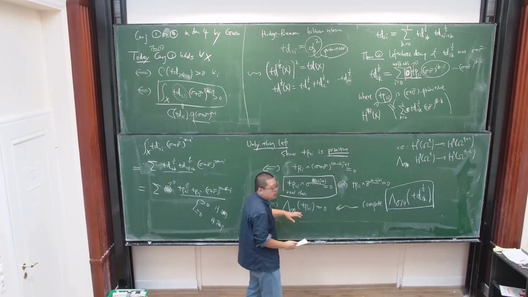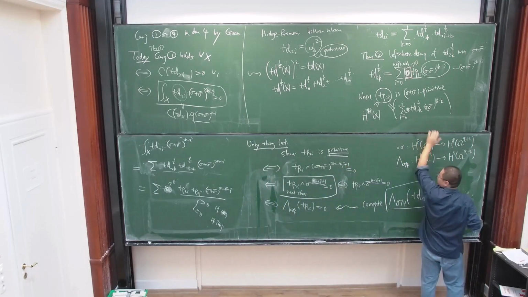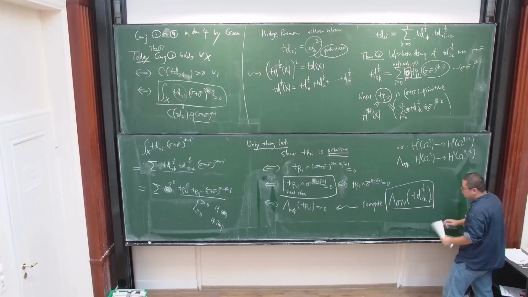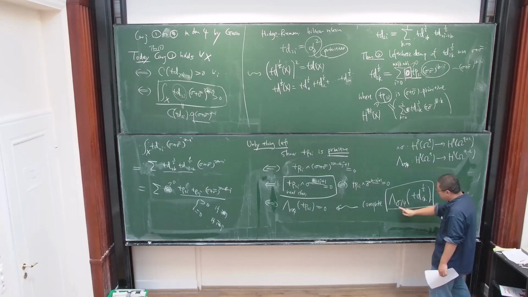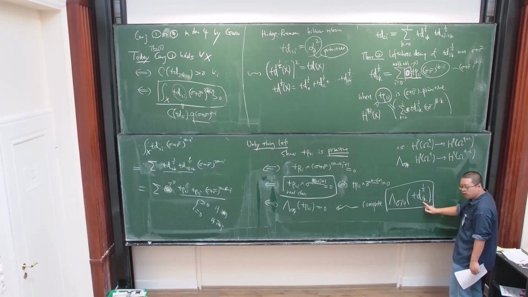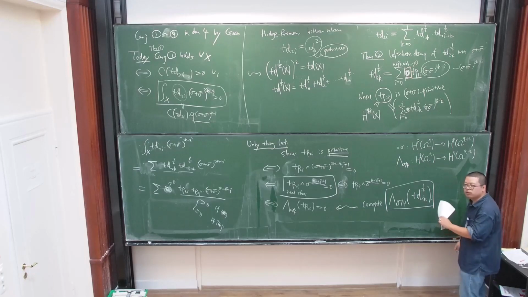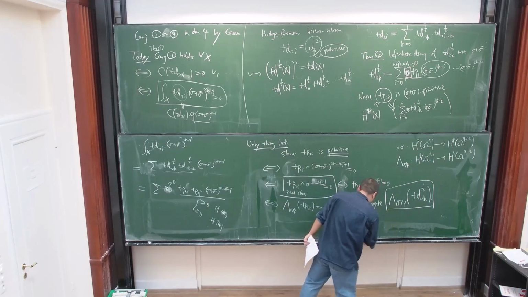It's simply linear algebra. We know how to compute this linear combination. So the only thing we need to care about is how to compute this Lefschetz operator action on this Todd root. So this is what we need to do.